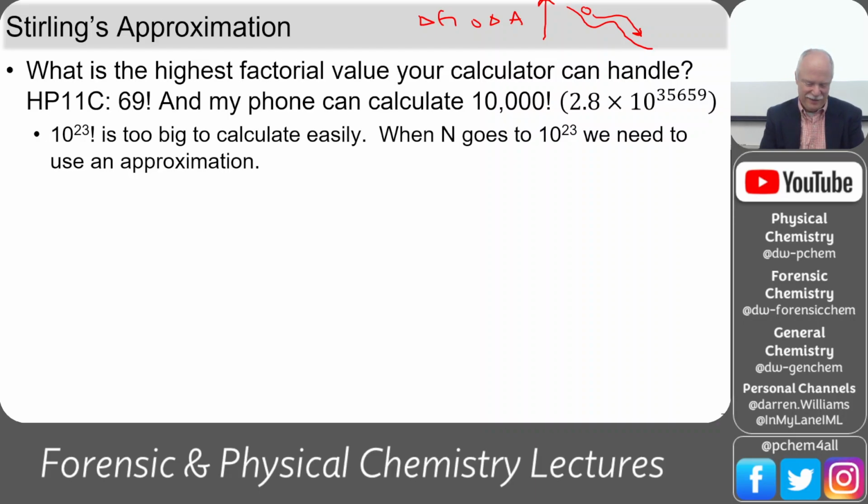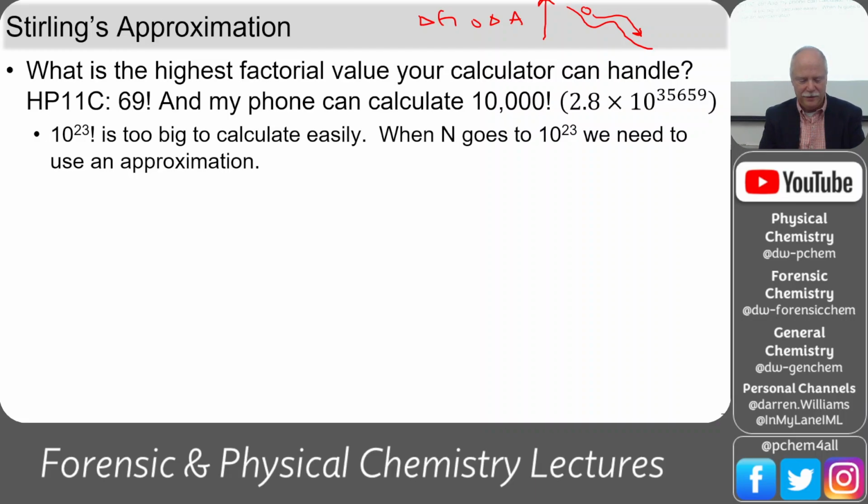Let's see. 600. Okay, 700. Wow, 800. Okay, 900. Wow, I got 900. It's 6.7 times 10 to the 2,269. That's a heck of a power of 10, right? 1,000.